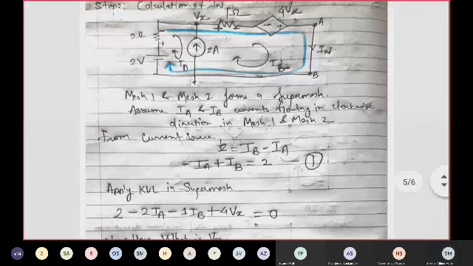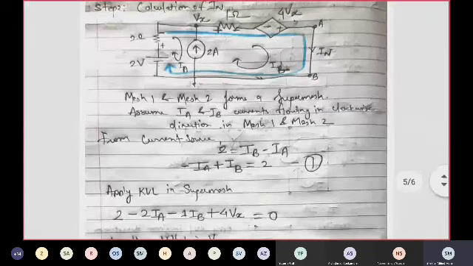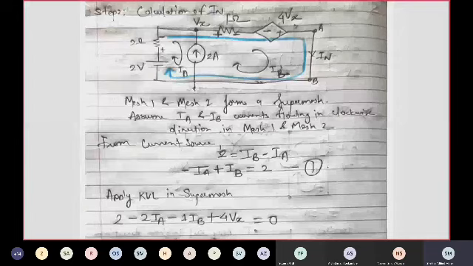From the current source we get one equation: 2 is equal to IB minus IA, since the 2 ampere direction and IB direction are the same. So I can write minus IA plus IB is equal to 2, which is my equation number 1.